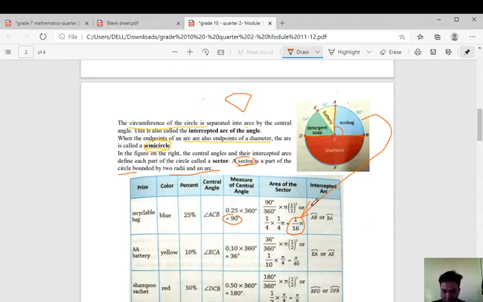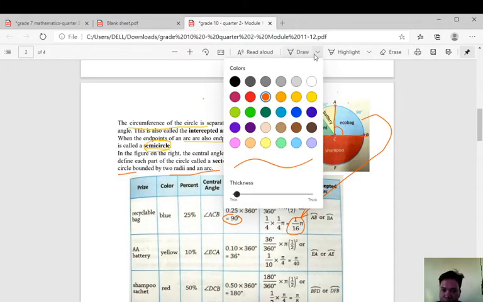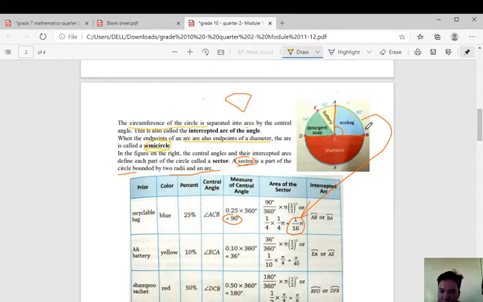And the intercepted arc, this arc here, that is our arc AB. Or we can read it the other way, arc AB or arc BA.